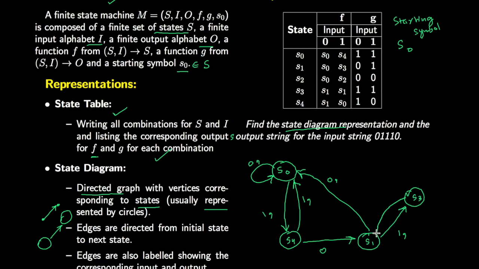So 0 here and 1 here. And for S2, which is somewhere here, if I have a 0 input, I go here, and if I have a 1 input, I go here.